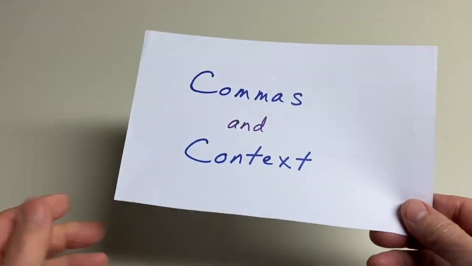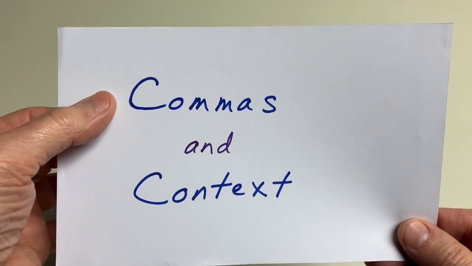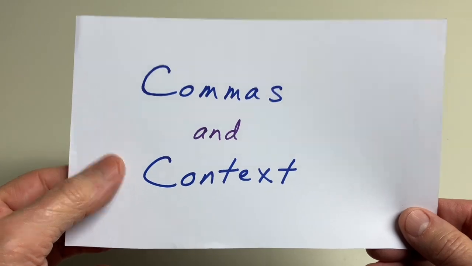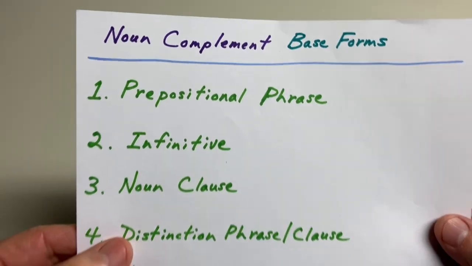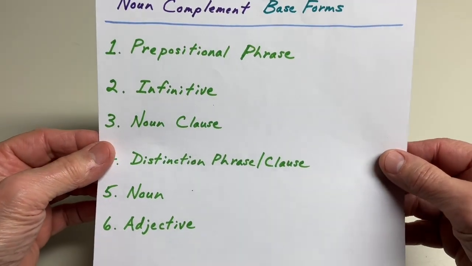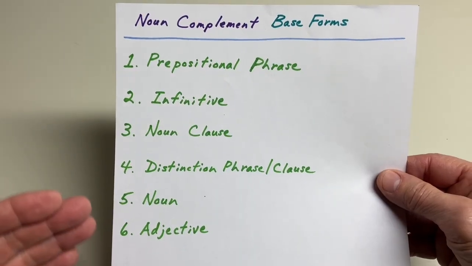All right, I'm inside where it's warm, and I'd like to talk about commas and context as it relates to my study of noun complements. Now, I showed in previous videos many times the 6 base forms of noun complement.